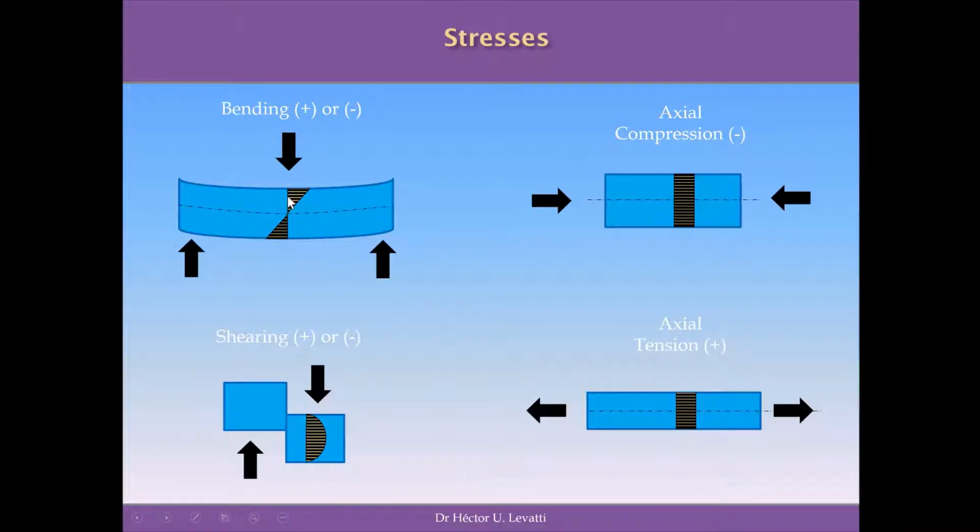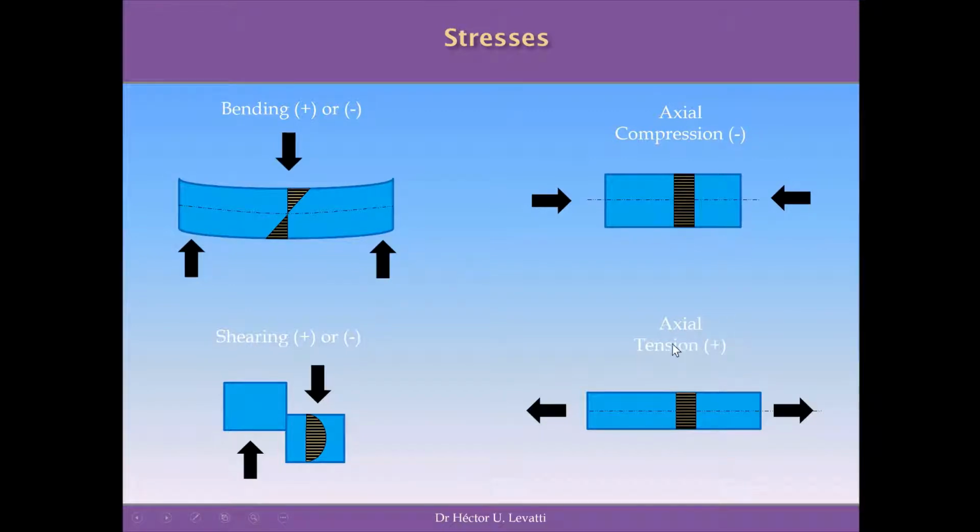So this is a direct stress because the stress is normal to this cross section, which is vertical. In the case of the axial compression, for example, where you have a piece of a structure subjected to compression on both sides, you will produce an internal stress of compression, which is negative by convention and will be uniform across the cross section.